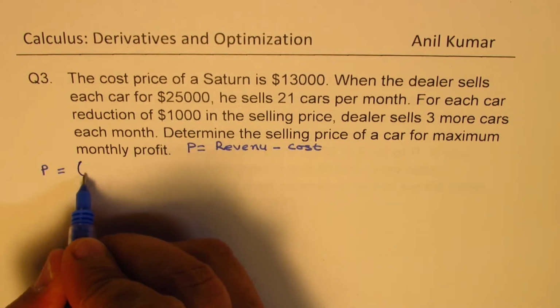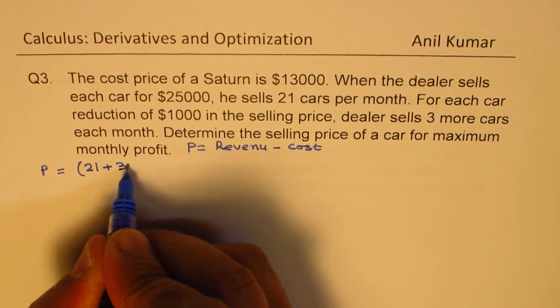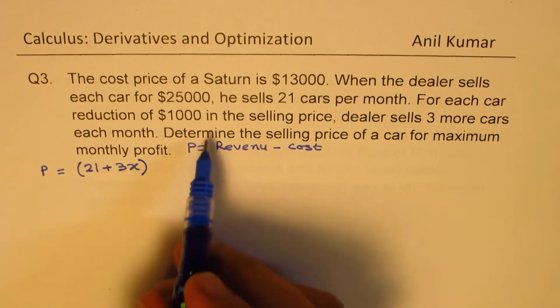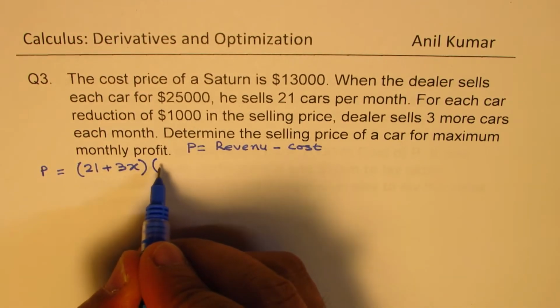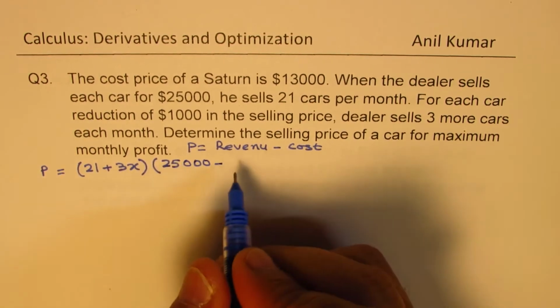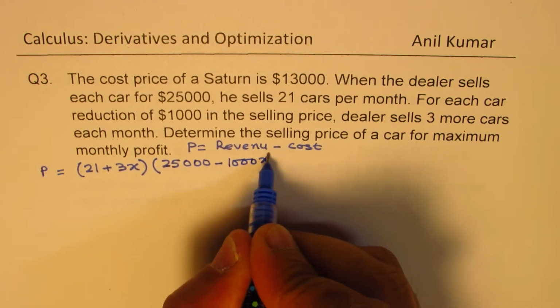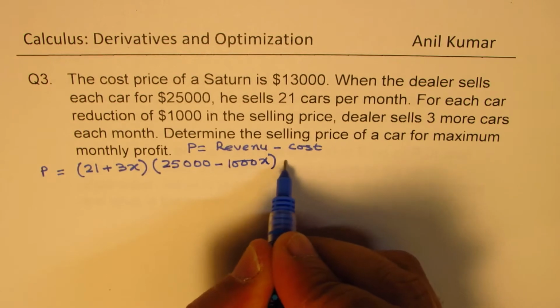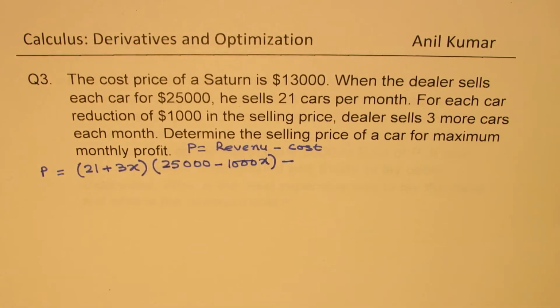So the number of cars is 21 plus 3x, where x is the number of thousands reduced, right? So the selling price will become 25,000 minus 1000x, right? The cost will be on the number of items sold, correct?